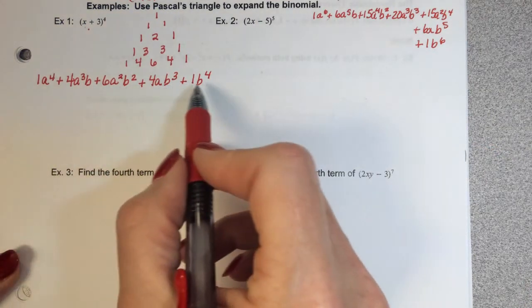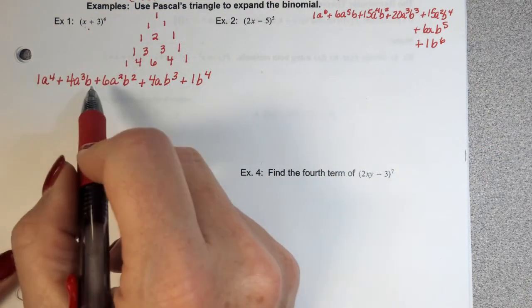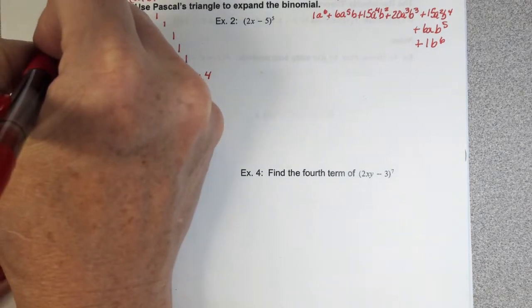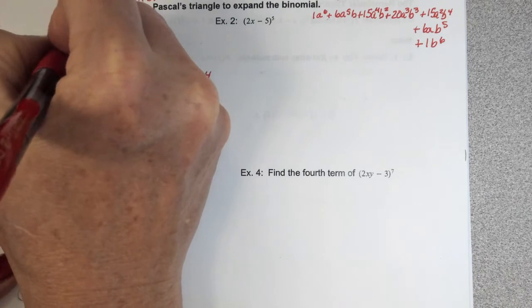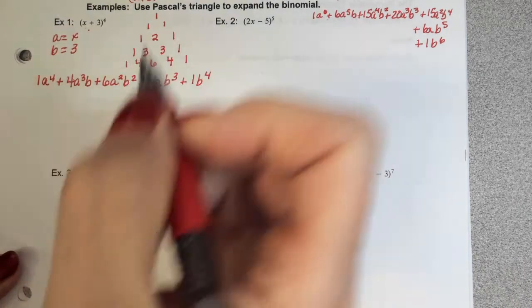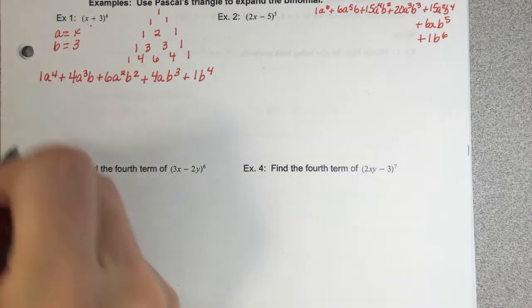So once I have this pattern all written out, I have to now determine what's a and b. So what is a in this problem? X. What is b? 3. And now I'm just going to sub it all in.